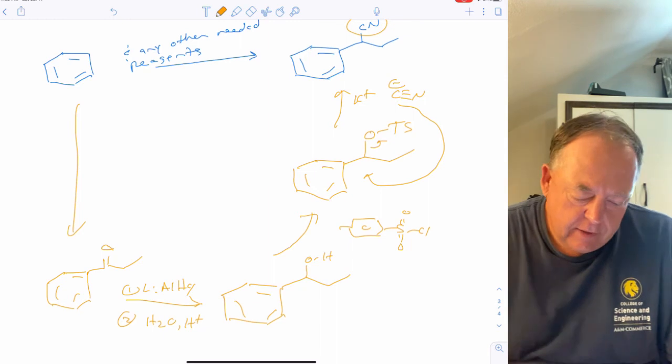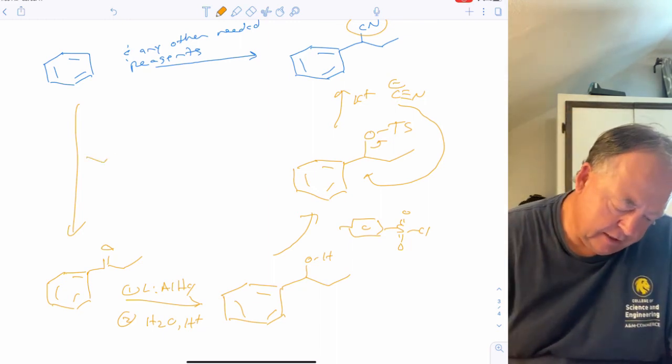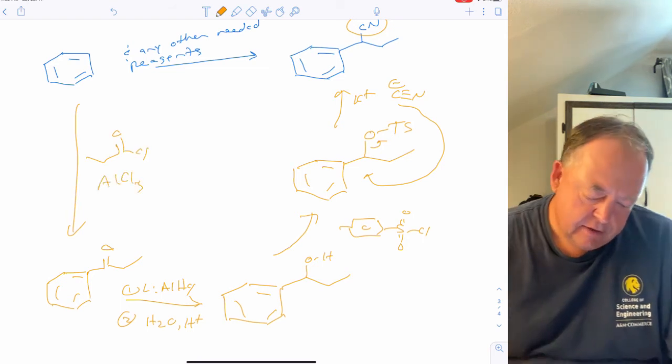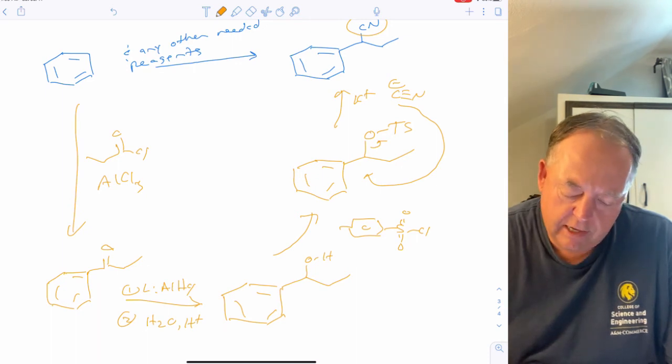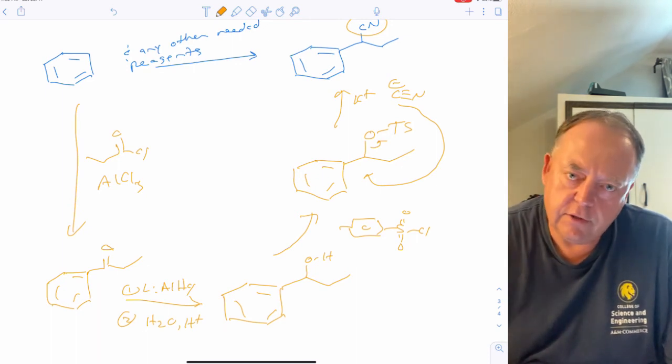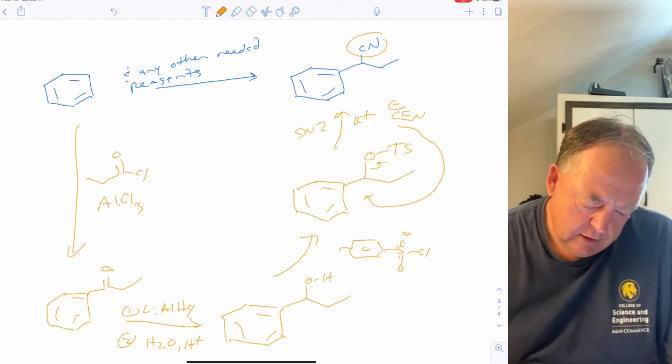Well, that's a chapter 17 reaction, right? You could have done a Friedel-Crafts acylation. That would be one way to do the synthesis. So make the ketone, reduce the ketone to the alcohol, convert the alcohol to the tosyl leaving group, and then do your SN2 reaction. And there are other ways you could have gone about this.